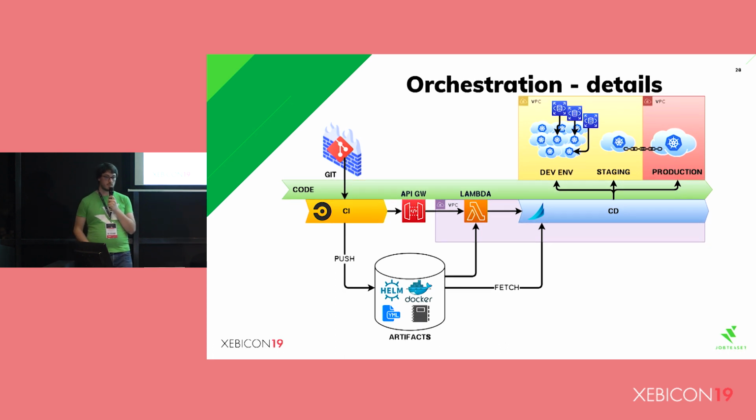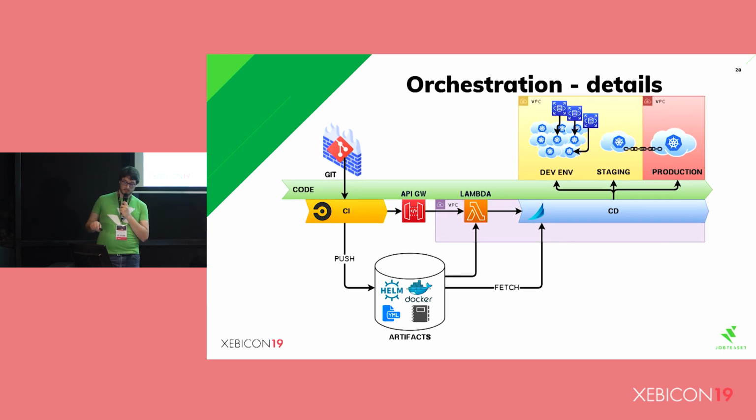That's really just, we share a token, and then we have a Lambda function that checks if the payload is okay. And then Spinnaker will take the decision and deploy your developer environment or your staging environment, or if you really have the rights, you will deploy to production.